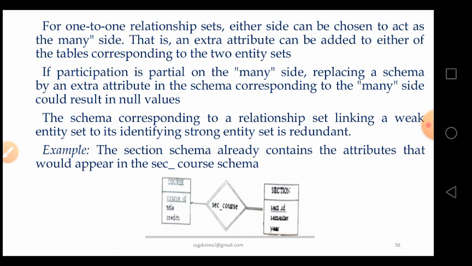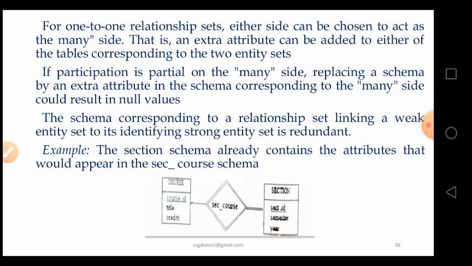A database which conforms to an entity relationship diagram can be represented by a collection of schemas. For each entity set and relationship set, there is a unique schema that is assigned the name of the corresponding entity set or relationship set.